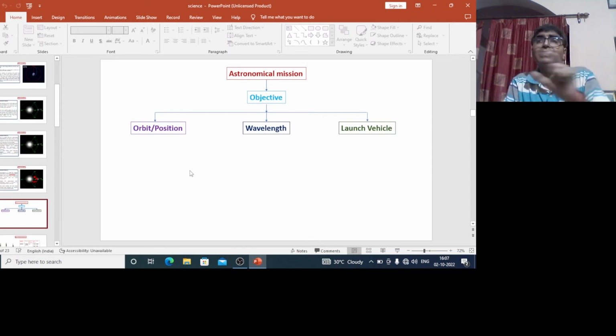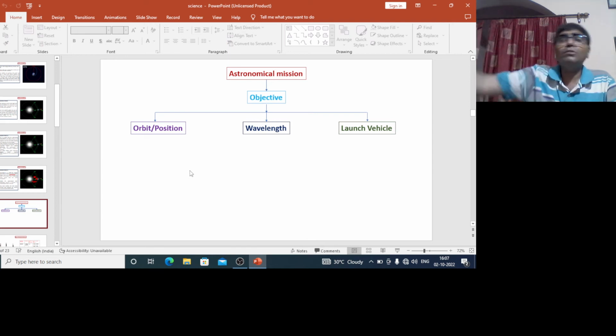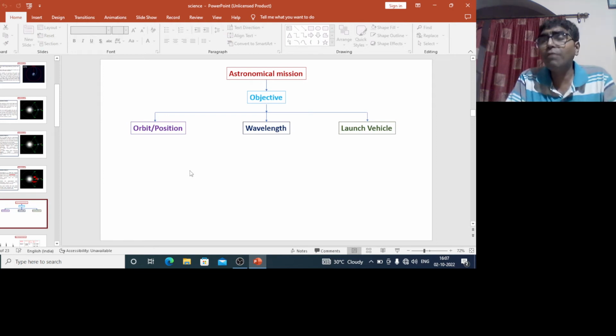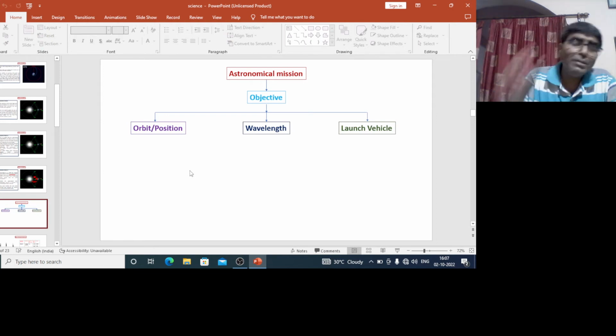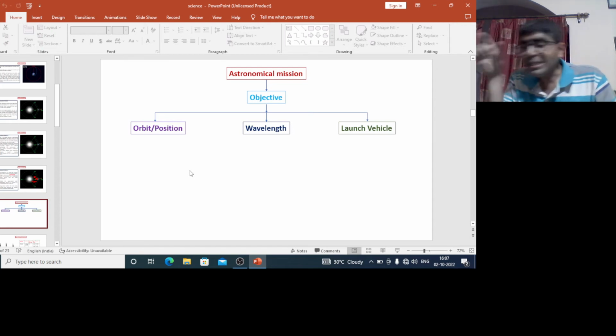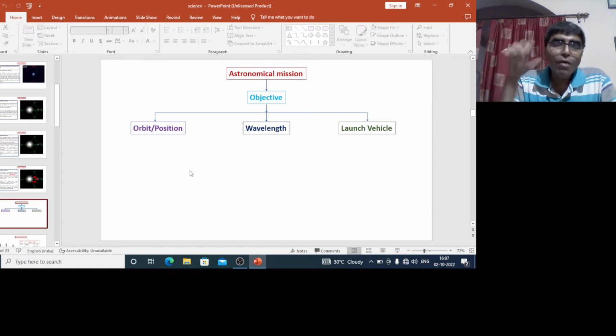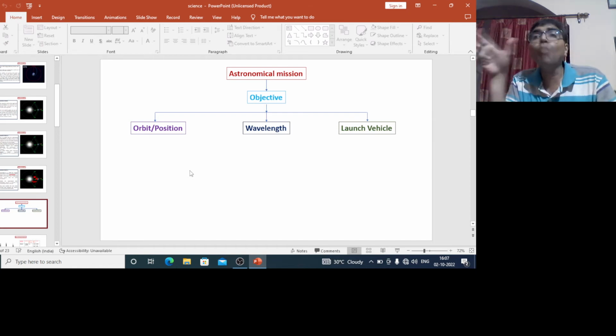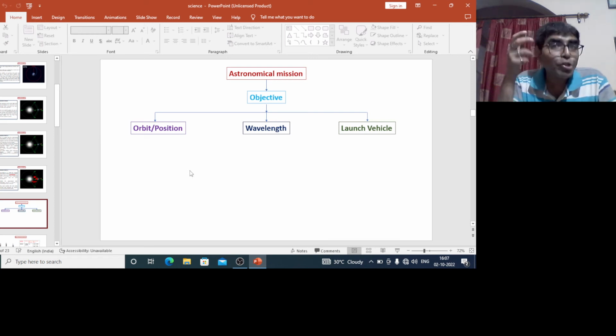Now the wavelength. Wavelength is a factor: in which region, how much wavelength. If the energy of a ray is less, that means its wavelength is much more. So this is a factor related to an astronomical mission.